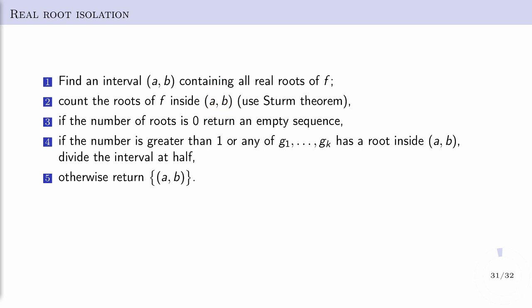So we just subdivide the interval at its midpoint and we apply this algorithm recursively for the left and right half of this interval, and then we concatenate the results of isolating roots at the left and right halves of this interval. I will show you a final example.